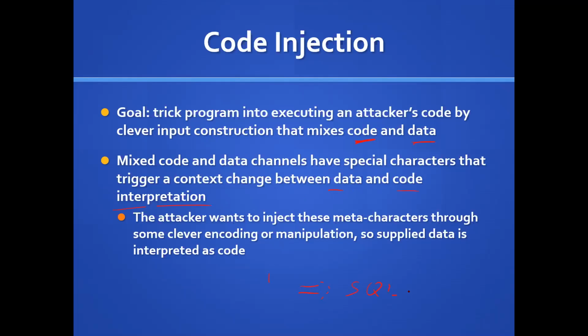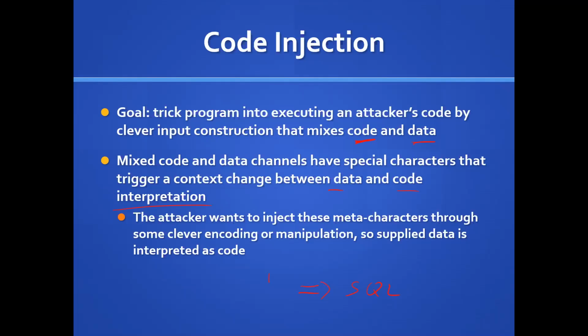This one triggers that context change. So the goal of the attacker is to inject these meta characters through some clever encoding or manipulation, so supplied data is interpreted as code.